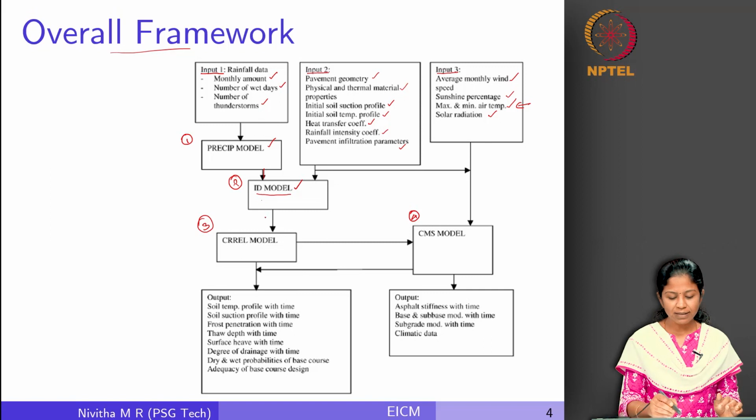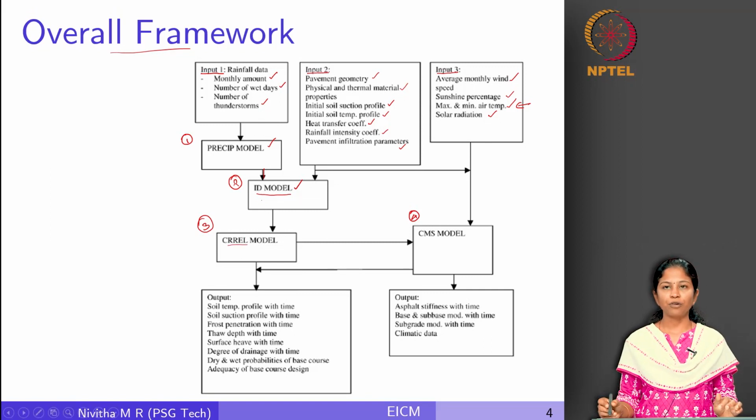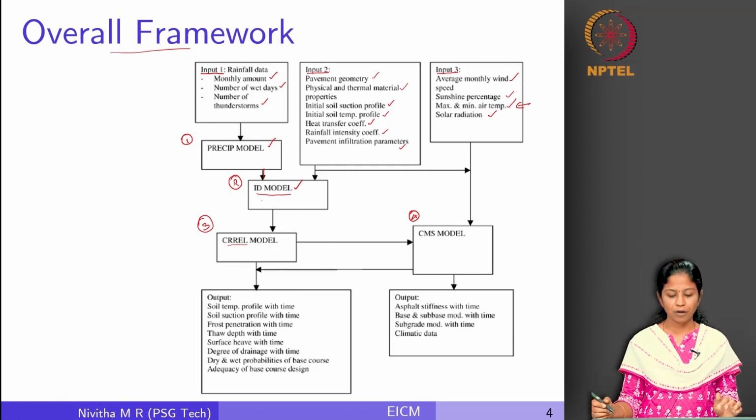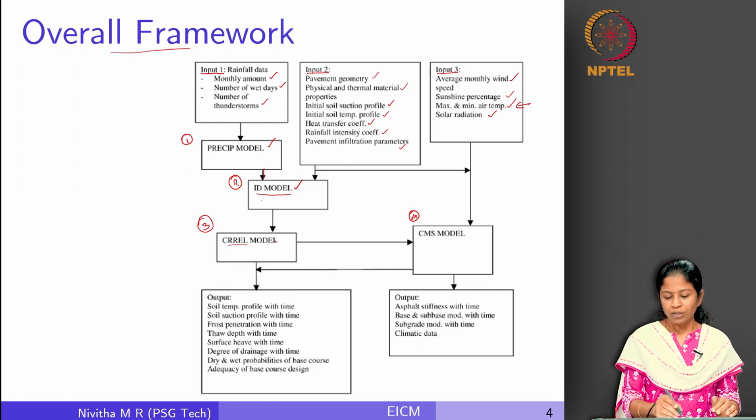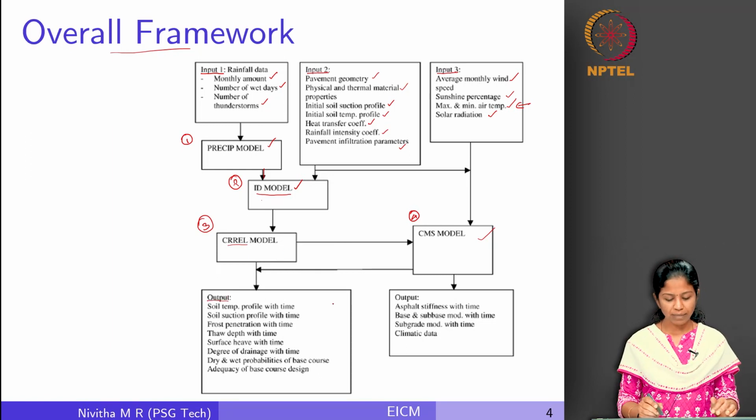Once we get this, it is transferred into the CRREL model, which calculates the frost heave and also the thaw process associated with the presence of moisture in soil. Again, we have seen earlier how freeze and thaw works in a pavement. Now all of them are input into the CMS model. This CMS model, in iteration with the CRREL model, is going to give us the following output parameters.